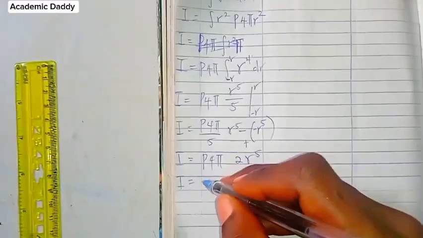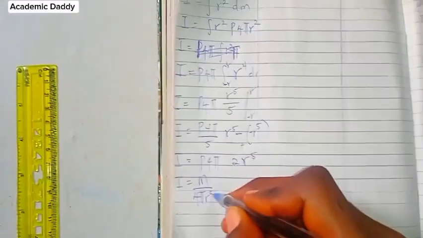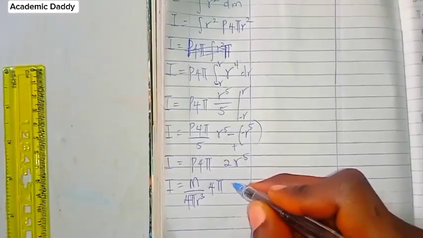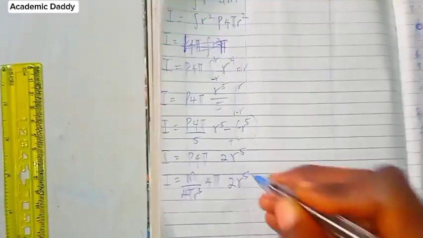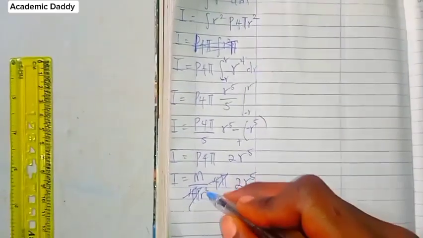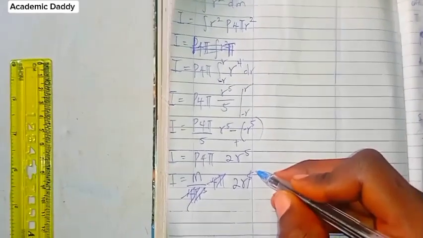Alright, now I'll have m over 4 pi r cube, then my 4 pi, then my 2r5. 4 cancels 4, pi cancels pi, r5 cancels with r cube here, and you have r squared, with 2.